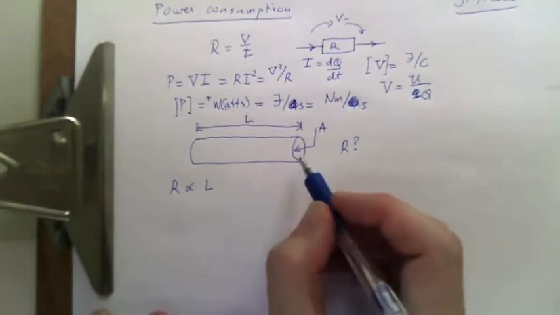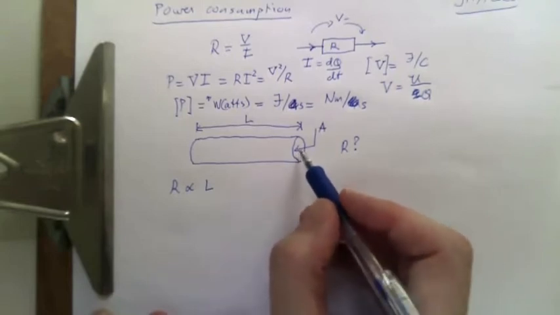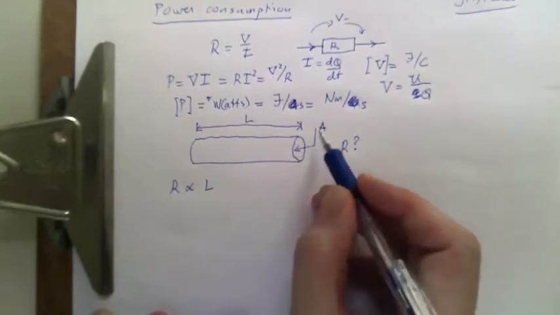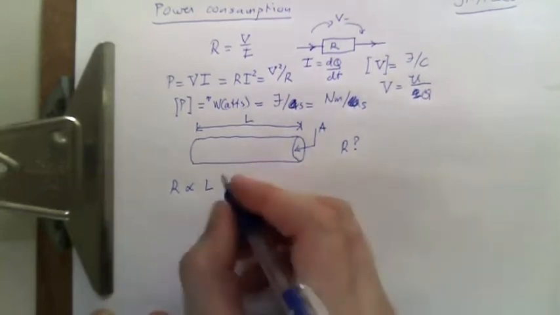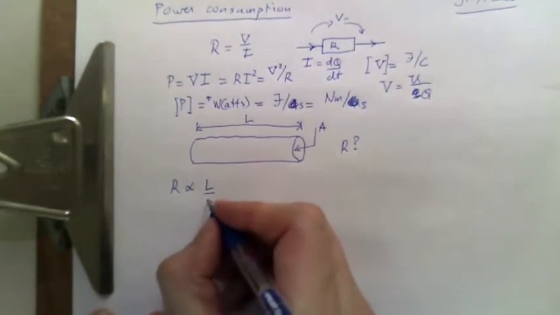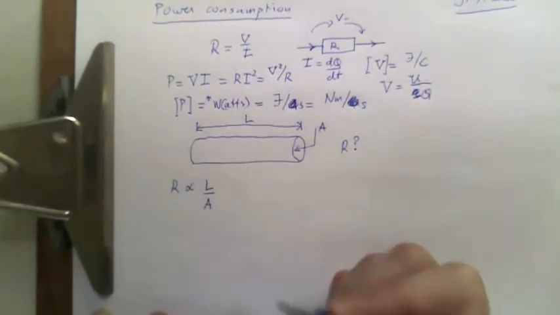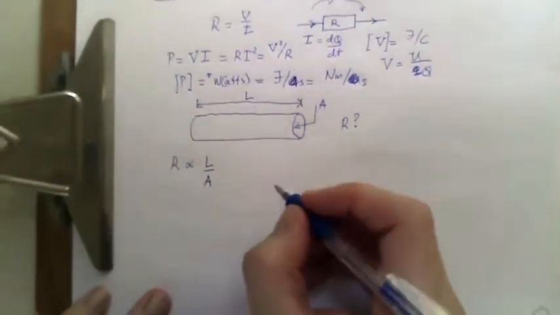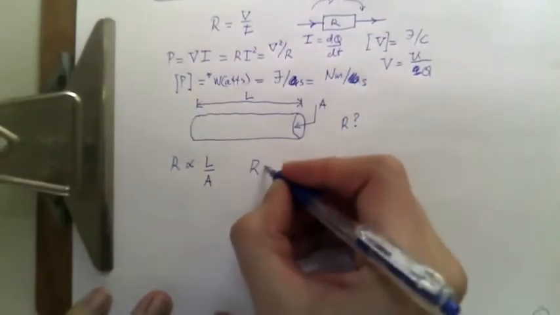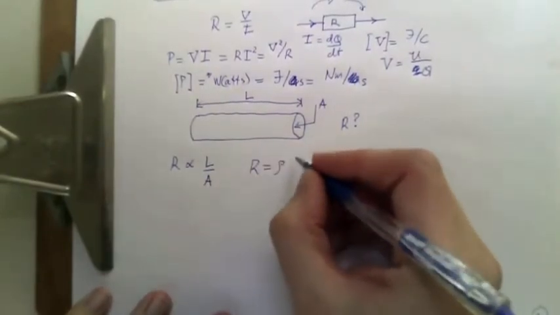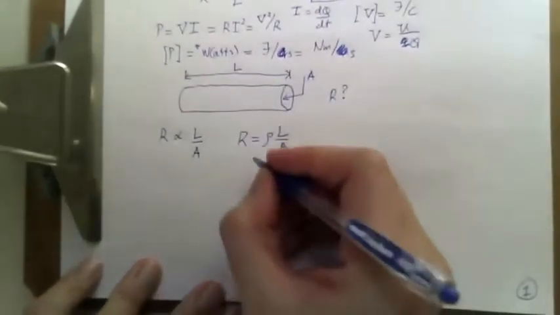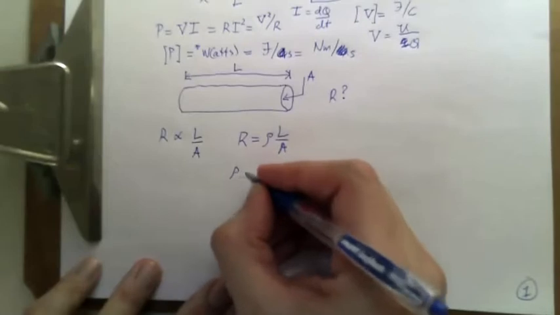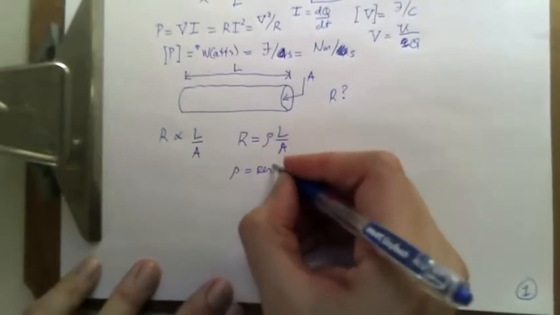So no matter what that A is, if we double A, the resistance needs to go down with the cross section. So therefore, R is proportional to L over A, and the proportionality constant we call rho, and rho is a material constant. So rho is the resistivity.